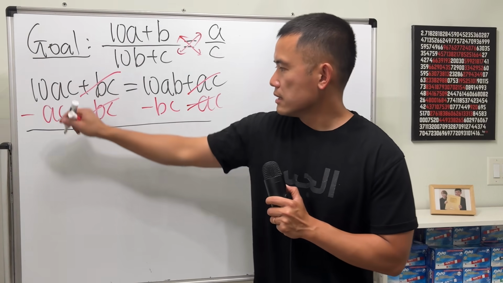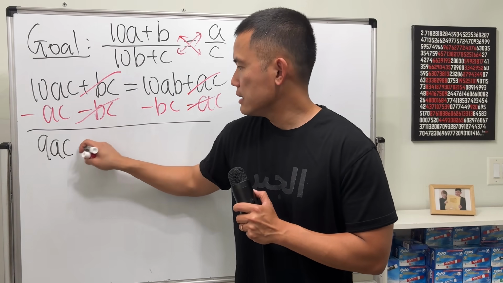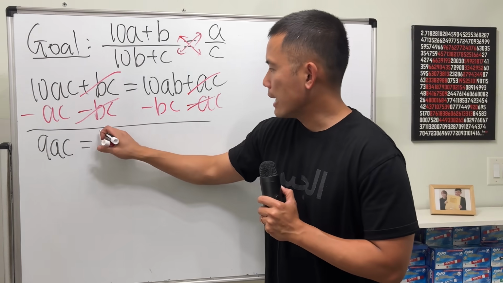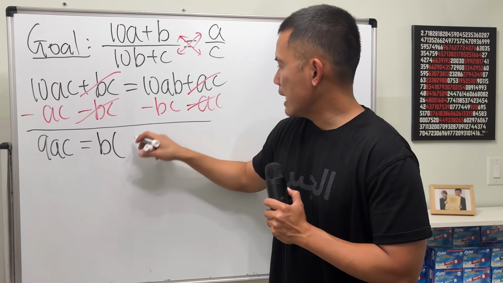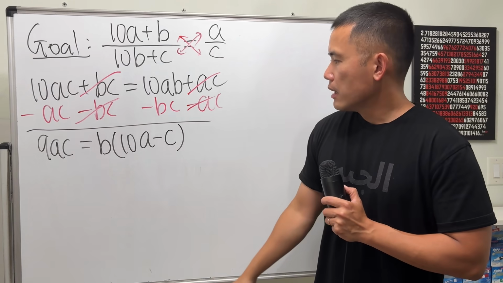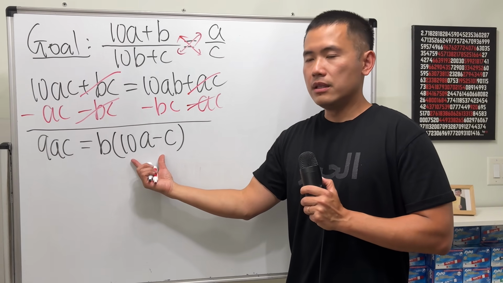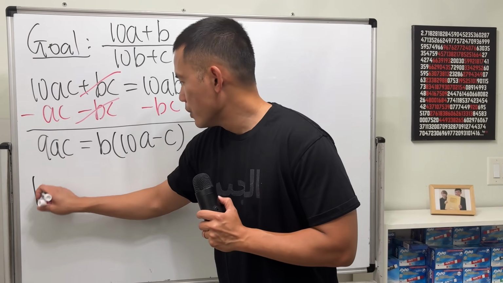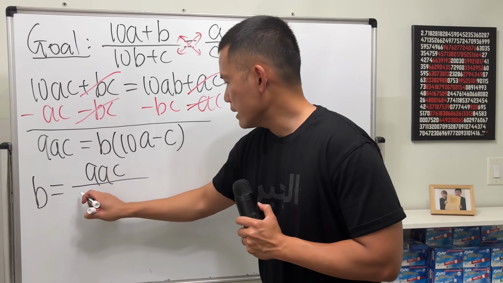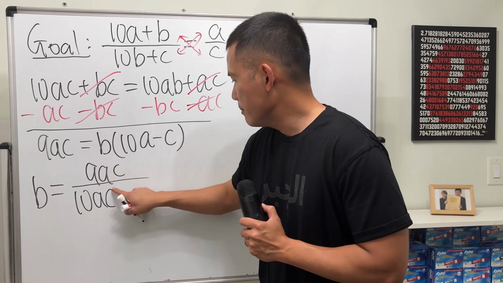And we see that is going to be 9AC. Right here, we have B in common, so we can factor that out. And we get 10A minus C. Then we can divide both sides by this, so we can isolate the B. B is equal to 9AC over 10A minus C.